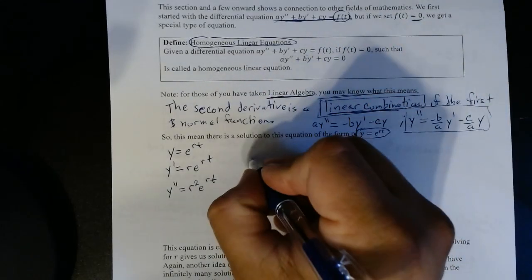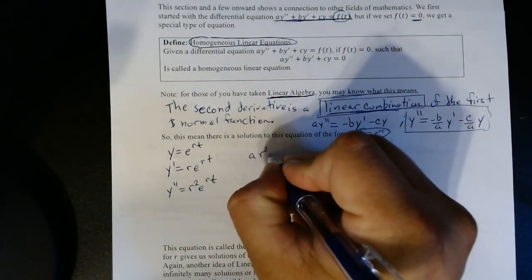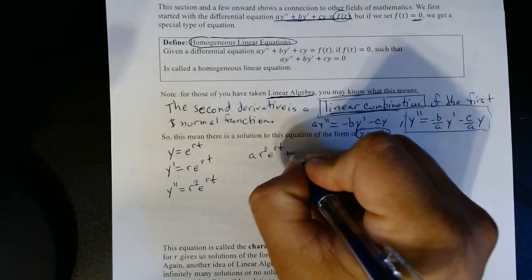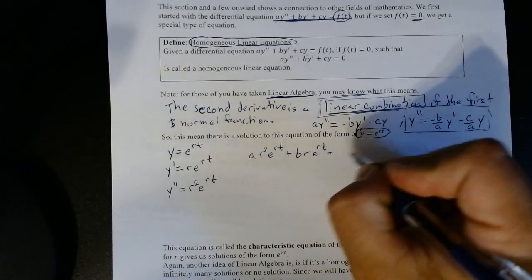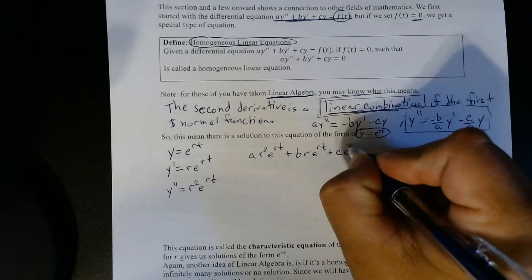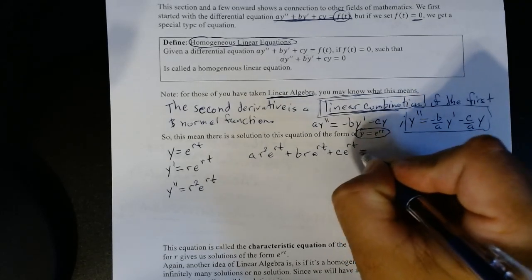It's going to be a r squared e to the rt plus b r e to the rt plus c e to the rt all equals 0.